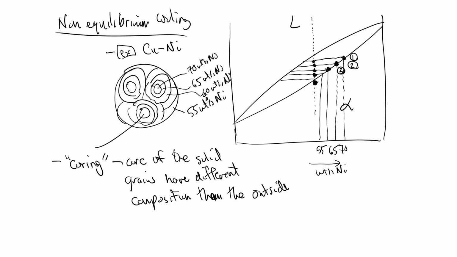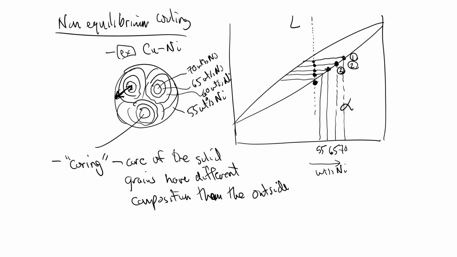Now, there's a nice figure from your book that shows that. So coring happens if we cool down rapidly. If we cool down really, really slowly, diffusion can occur so that copper and nickel can diffuse from the center to the outside and vice versa, and so all the composition can even out.